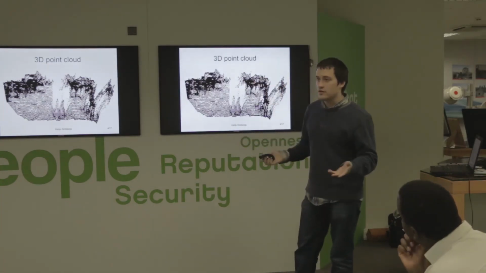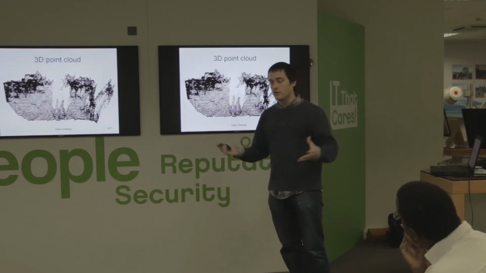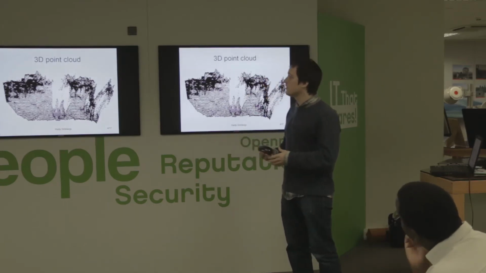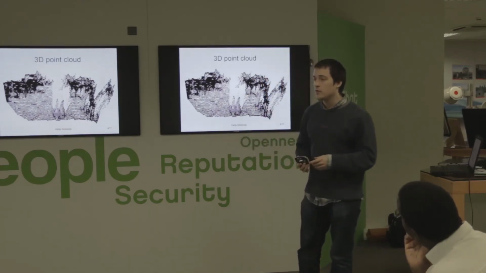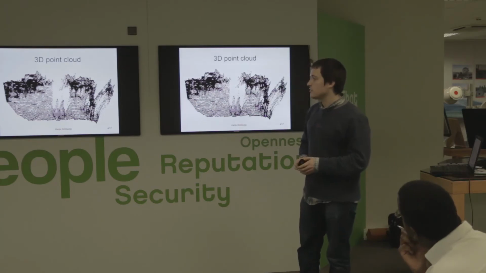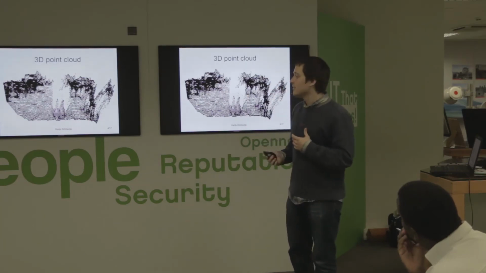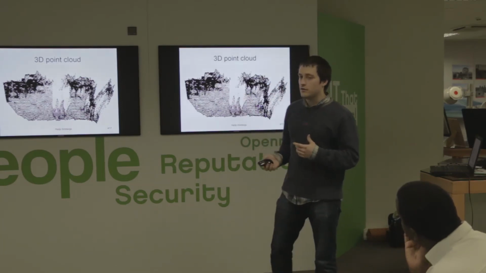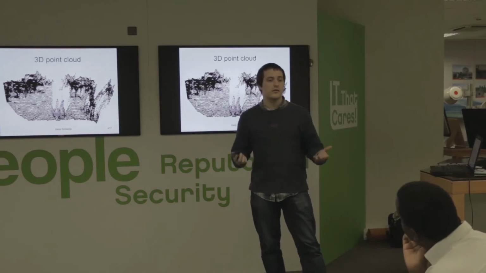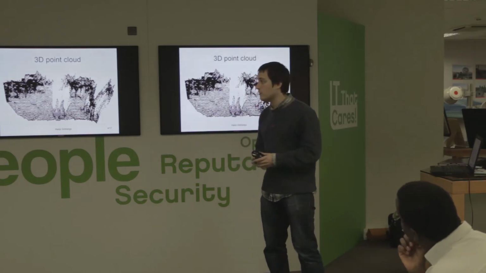The 3D pixel we call a point, a group of points we call a cloud, and this is a 3D point cloud. And the advantage is not because you have a third dimension, but that the coordinates of each point in the 3D space are in real world units, in meters, for example.